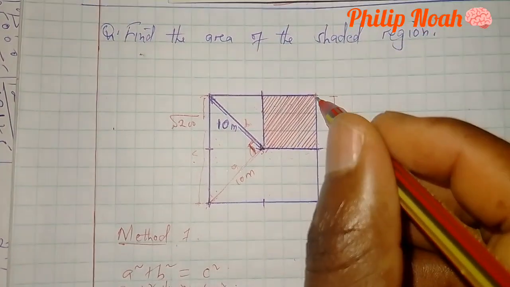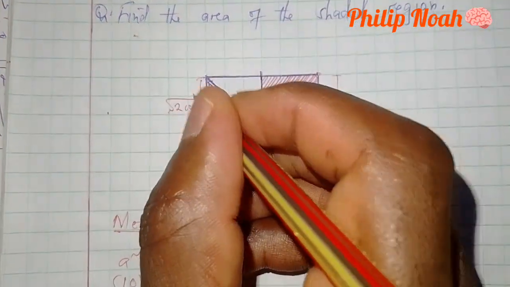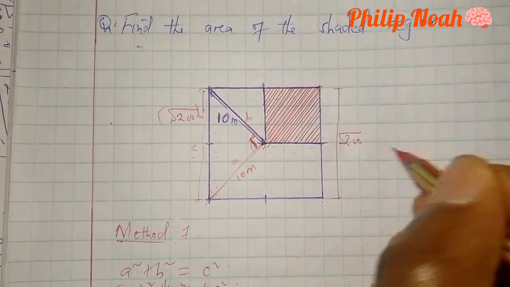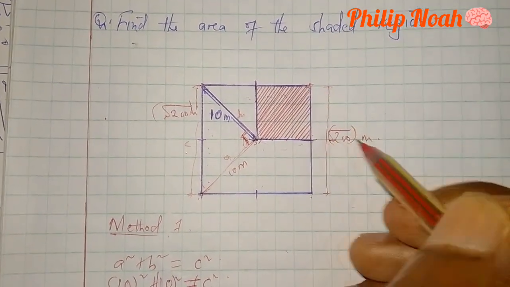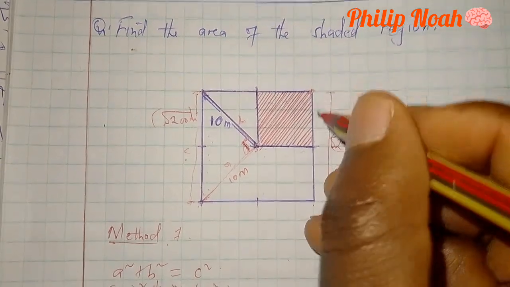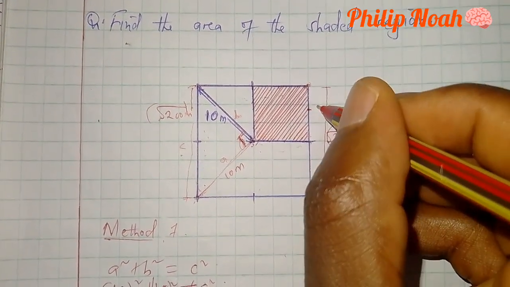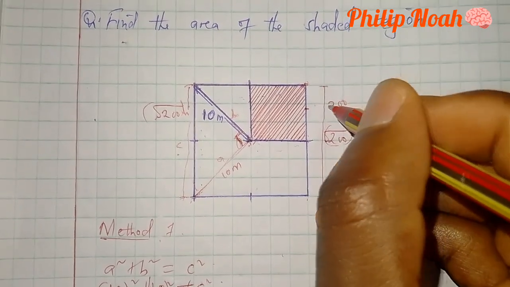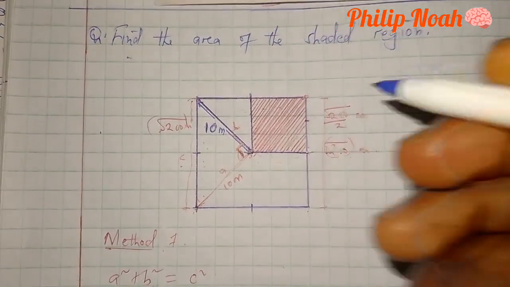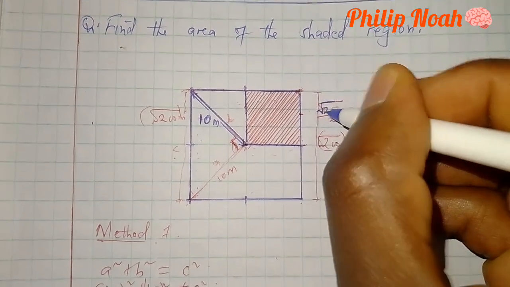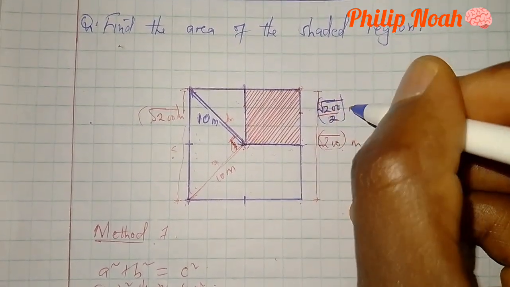So to get the distance from this point to this point, from here to here, it is the square root of 200 over 2 meters.